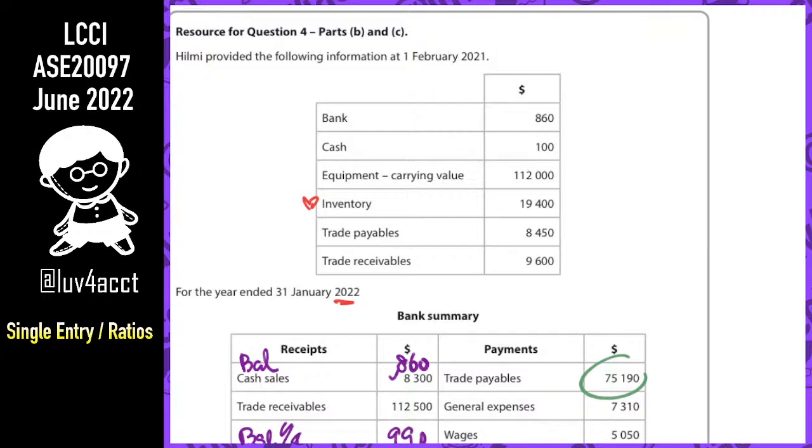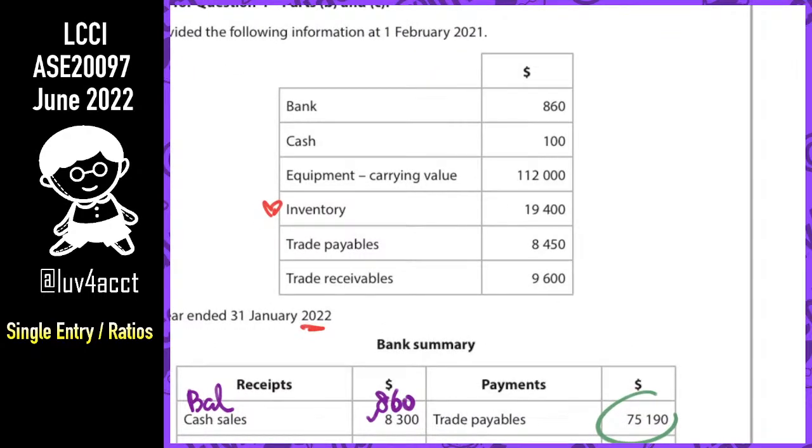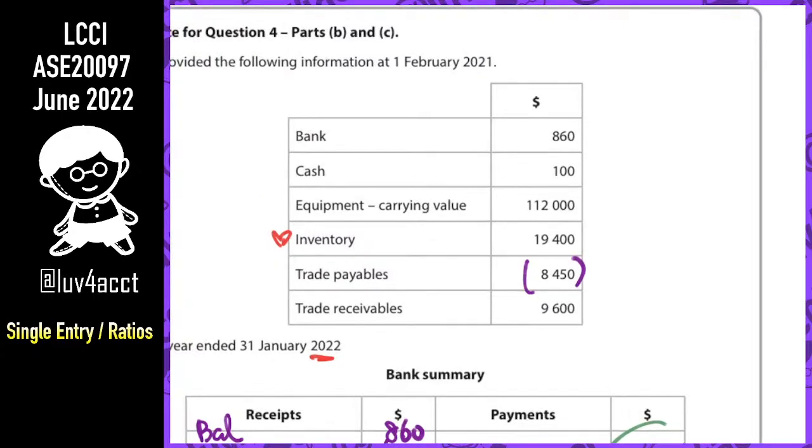We have to calculate equity, so we have to know the opening assets and liability. Assets I will use as positive, liabilities negative. Only trade payables is a liability. Be careful. This time you are given the bank balance and the cash balance here. Sometimes it is hidden somewhere else, and you have to remember to include it.